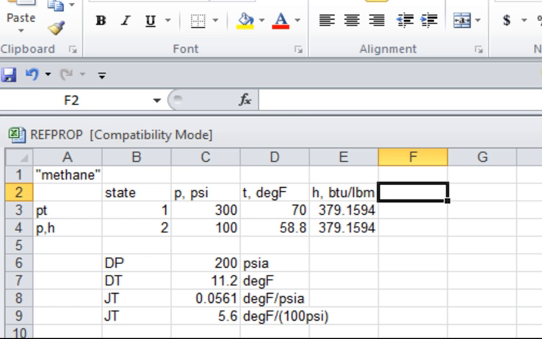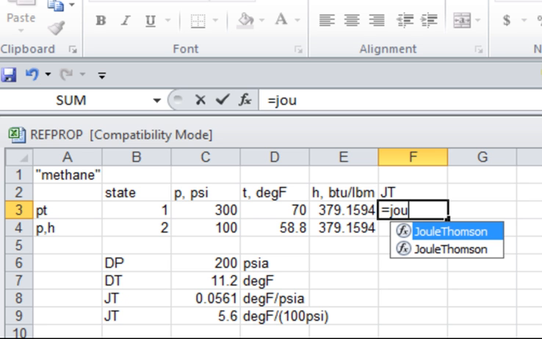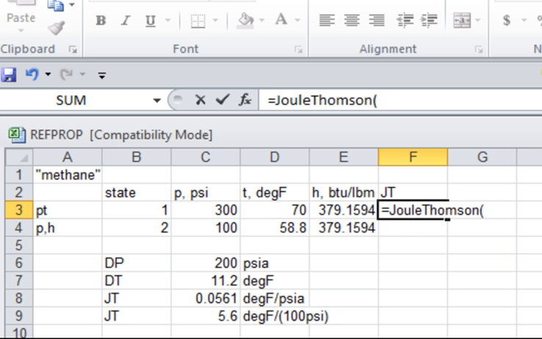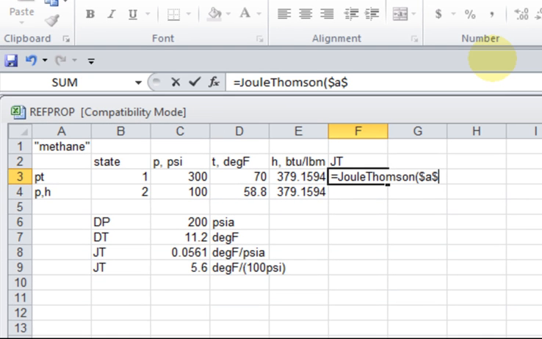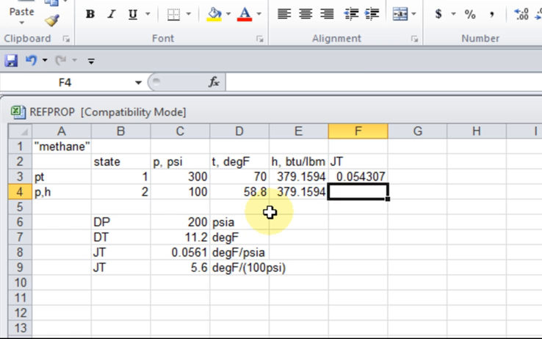Also, this software can get the Joule-Thomson coefficient. It's equal to JOU. There, it helps you remember what you're looking for, so hit Tab to finish it. The Joule-Thomson for methane in cell A1 as a function of pressure and temperature, English units, this value of pressure, this value of temperature, and it reports it as 0.054.